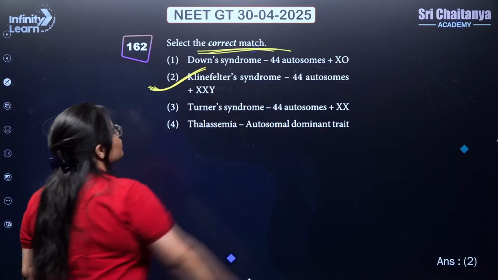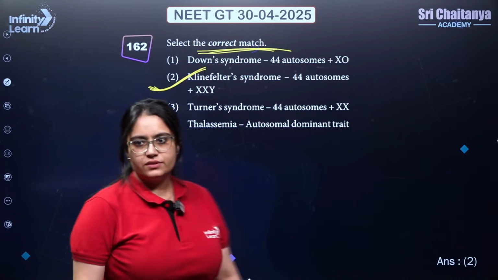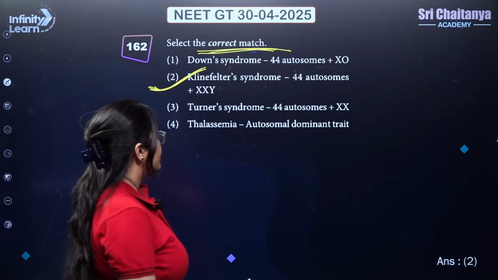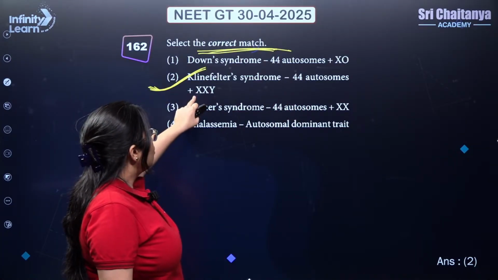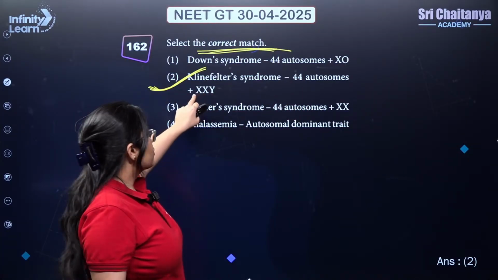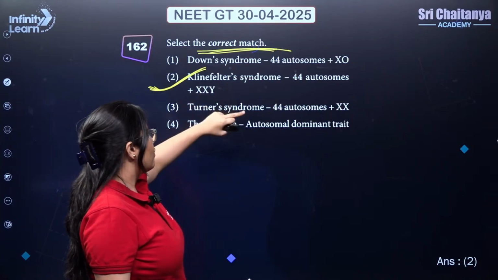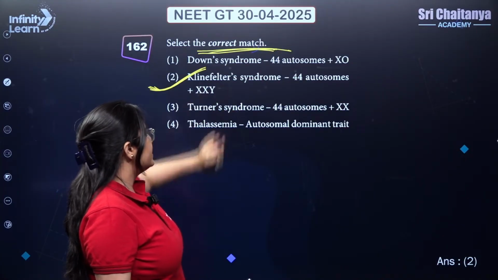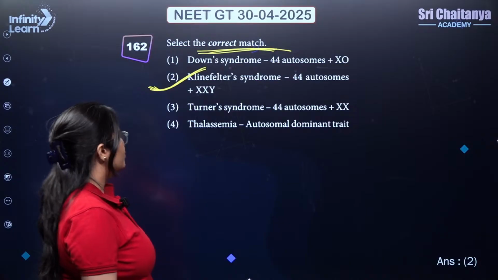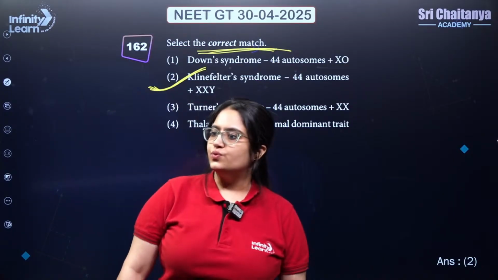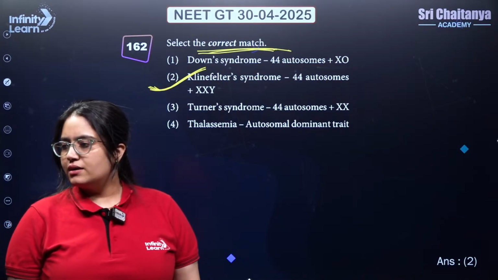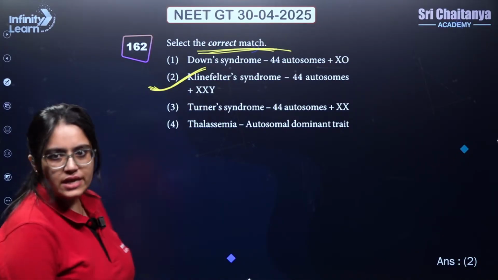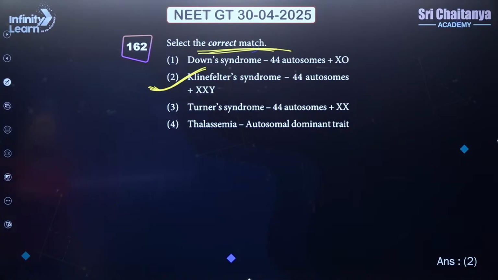How many total chromosomes are there in an individual with Klinefelter syndrome? There will be 47. So 44 autosomes, 2X, an additional copy of the X chromosome, and Y. So 44, 45, 46, 47. The correct answer is 2. Yes, very good. Very good. Next question on your screen.